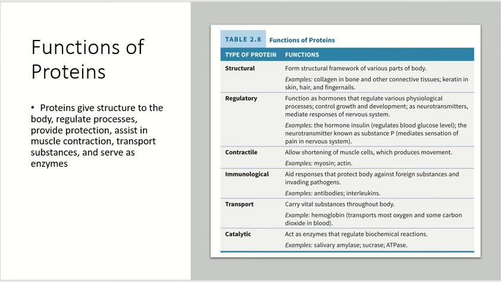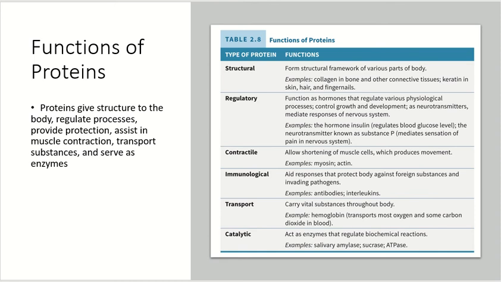Additionally, proteins have a contractile function. They allow the shortening of muscle cells, which is important for producing movement. So things like myosin and actin, which we'll talk about when we talk about the muscles, are really great examples of proteins that are involved in movement. Then there are immunological functions of proteins.